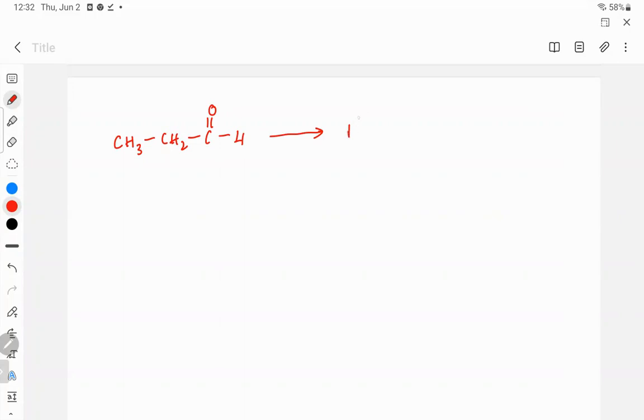So if we look at the first option, that is propanol, and if propanol undergoes oxidation, then what will it form? A propanoic acid.